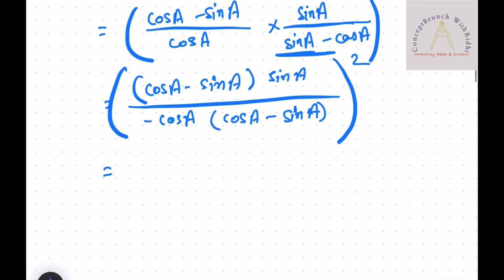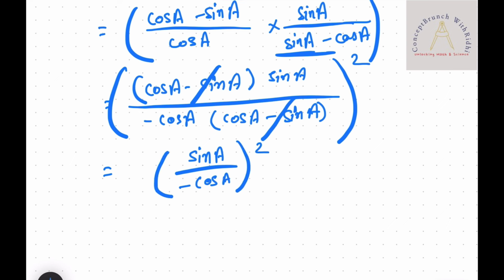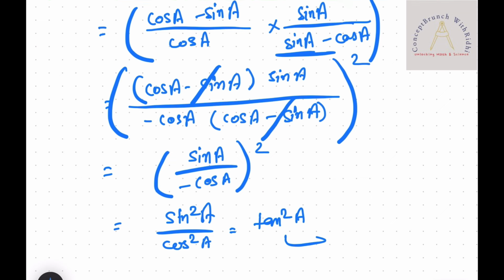Next, we can cancel easily. So what is the part remaining? Sine A divided by minus cos A whole square. Minus minus will become plus, and remaining is what? Sine square A divided by cos square A, which will equal tan square A, and this is our third part, hence proved.